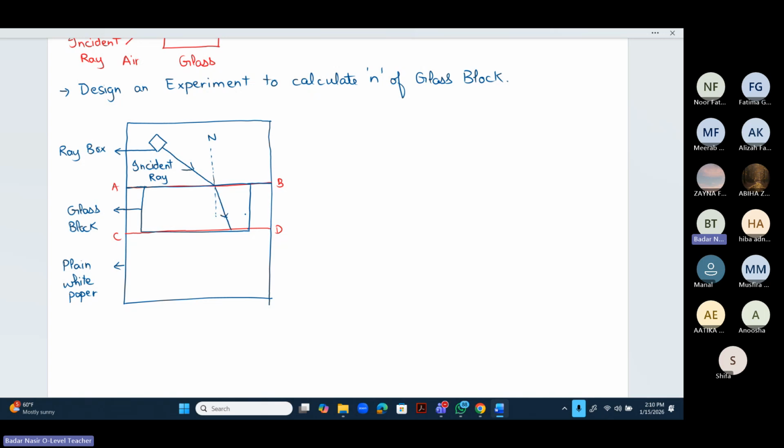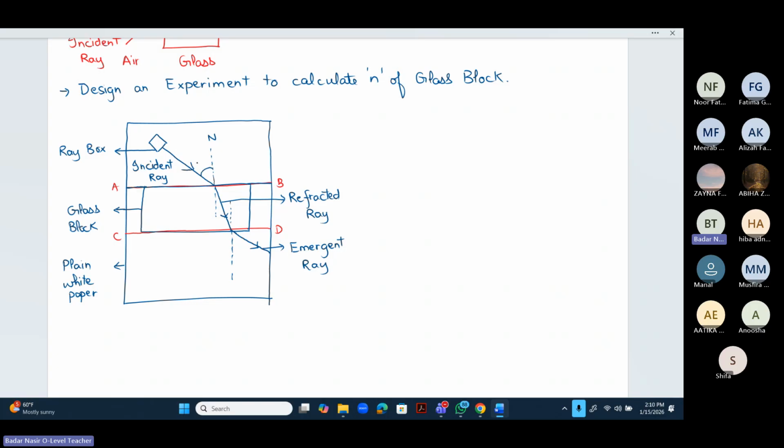So this is going to be the refracted ray, and when it emerges out from the other end of the glass block, this is going to be an emergent ray, and this one is going to be the refracted ray.